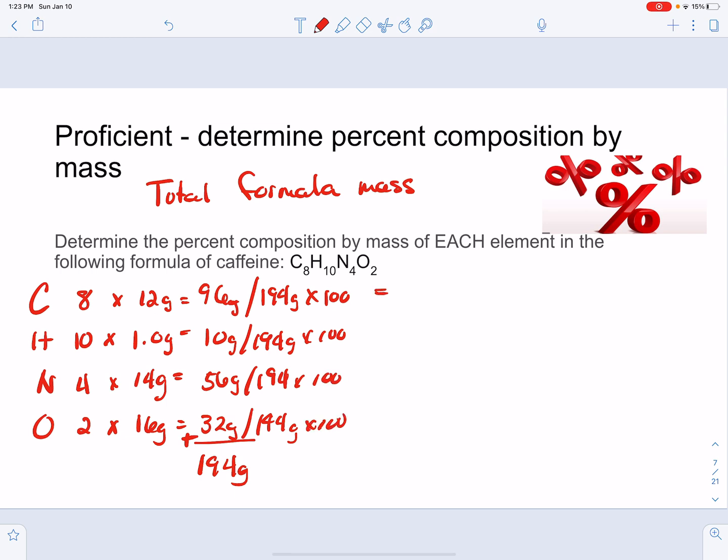I end up with my mass percent of each element in caffeine. So in this caffeine molecule, carbon is 49% of the mass, hydrogen is 5.2% of the mass, nitrogen is 29% of the mass, and oxygen is 16% of the mass.